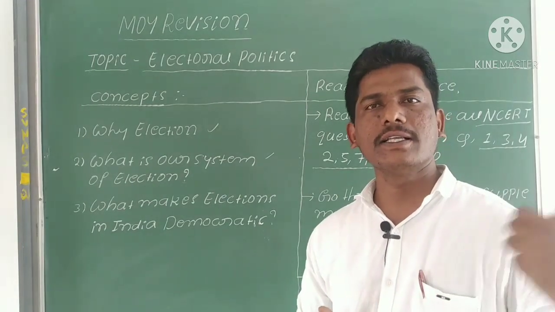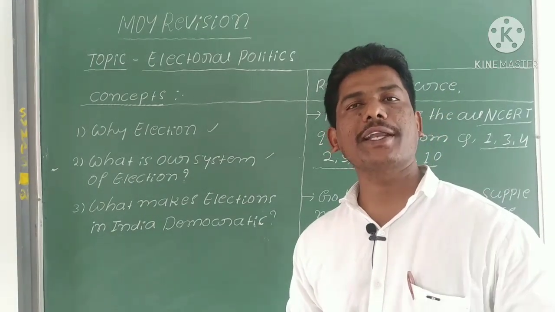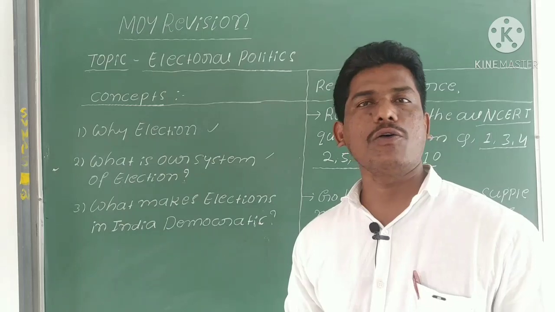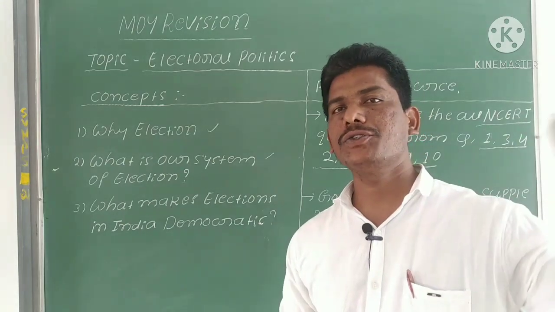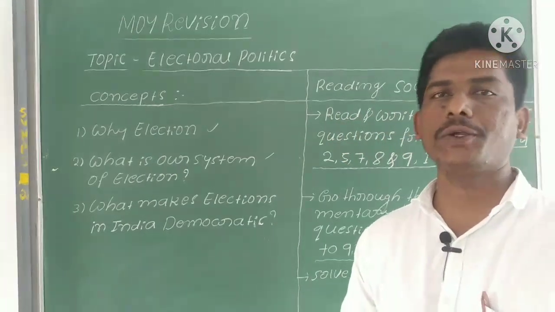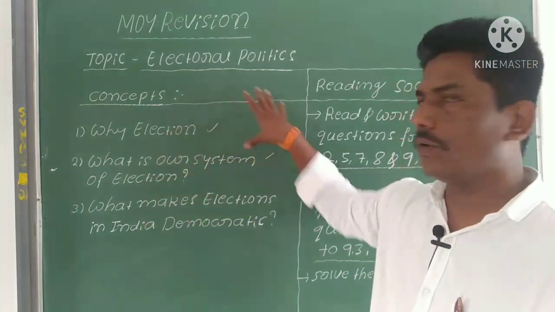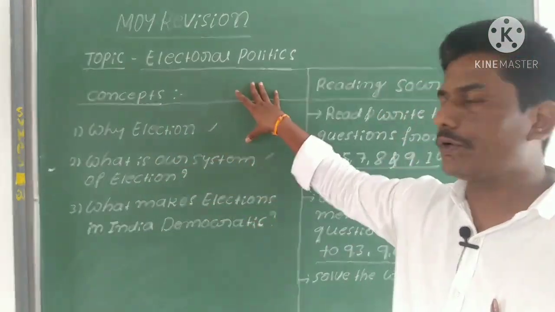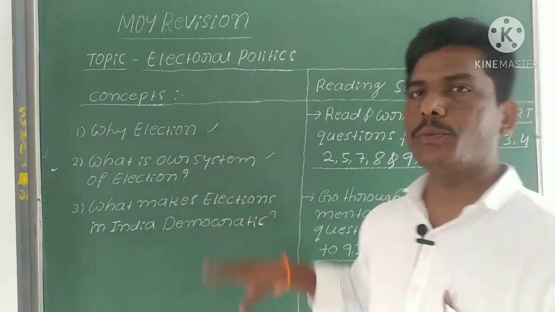Every 5 years the Election Commission conducts the elections to all the state assemblies and the Lok Sabha. So while reading the textbook, please focus on these three important concepts.